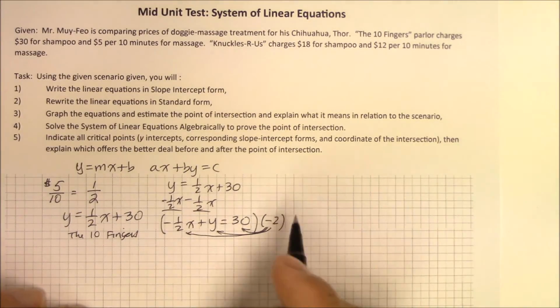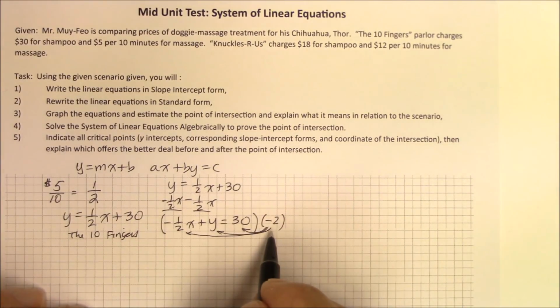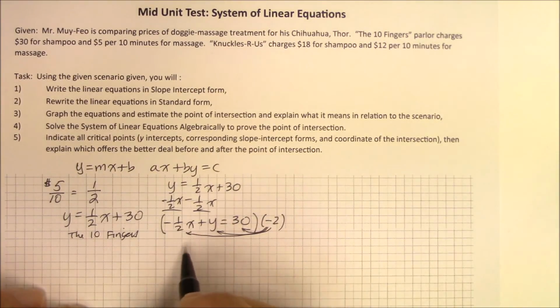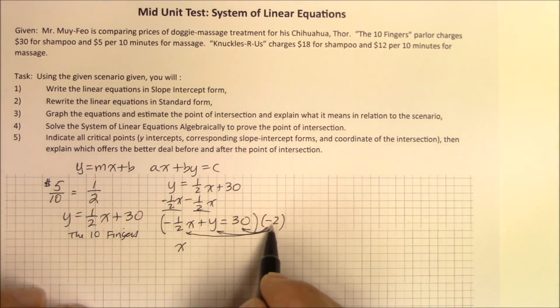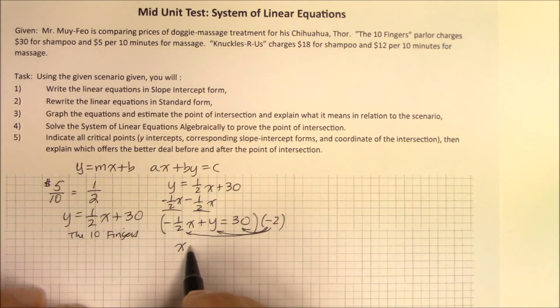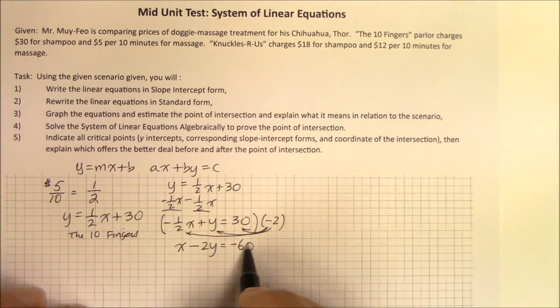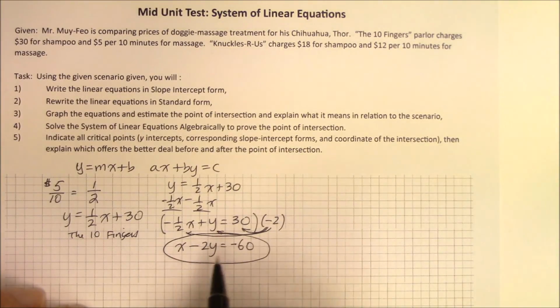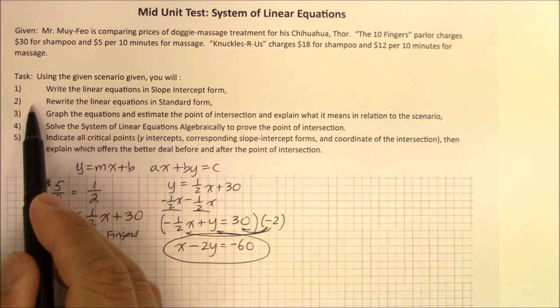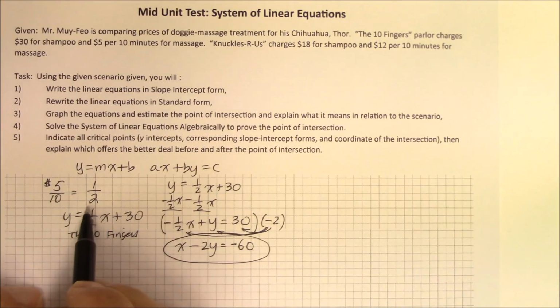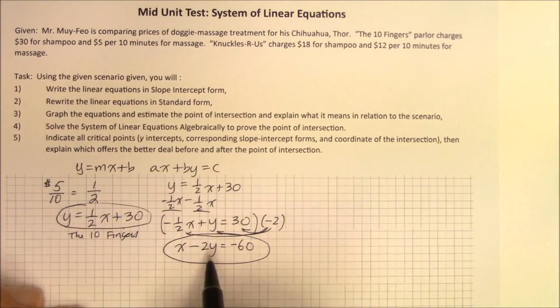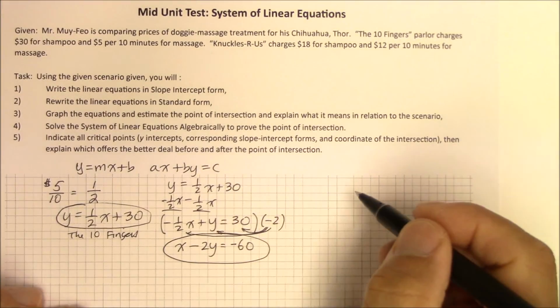So as a result, the final standard form is going to be: the 2 and the 2 simplify, and negative becomes positive 1x, or simply x. Negative 2 times y is negative 2y. And negative 2 times 30 is negative 60. So that is the standard form, which answers number 2 for this massage place. So slope-intercept is right here, and the standard form is right there.